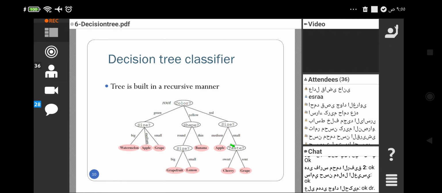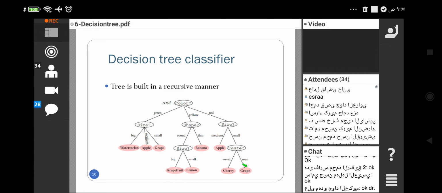If for example we had another attribute here and it was shape, so color is the parent of size, size is the parent of taste, and shape was a node that was the child of taste, then in this example all of the attributes are used.